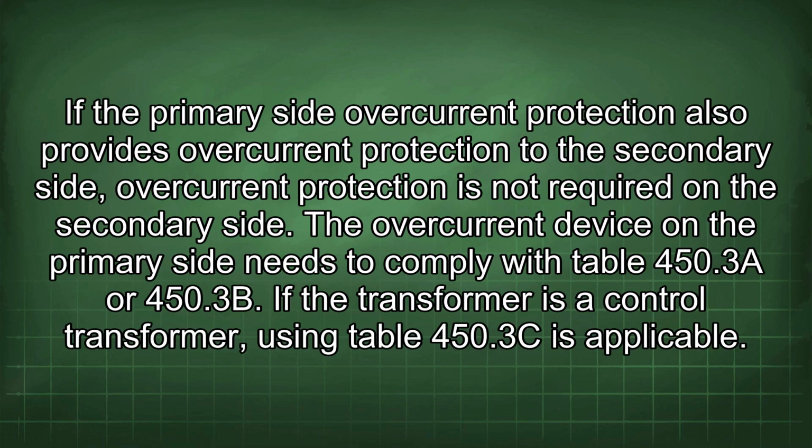If the primary side overcurrent protection also provides overcurrent protection to the secondary side, overcurrent protection is not required on the secondary side. The overcurrent device on the primary side needs to comply with Table 450.3(b). If the transformer is a control transformer, using Table 450.3(c) is applicable.